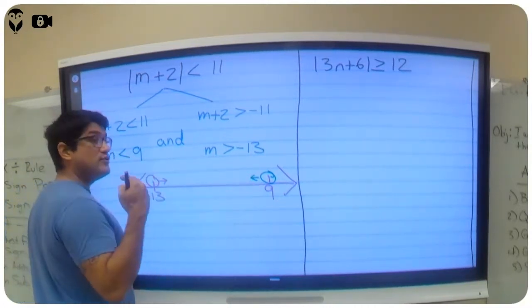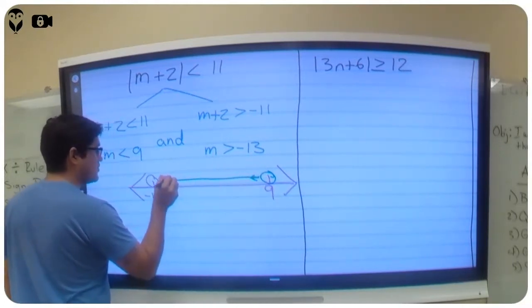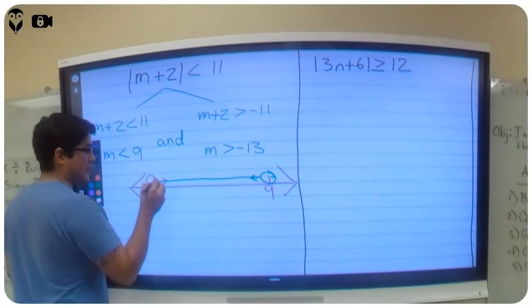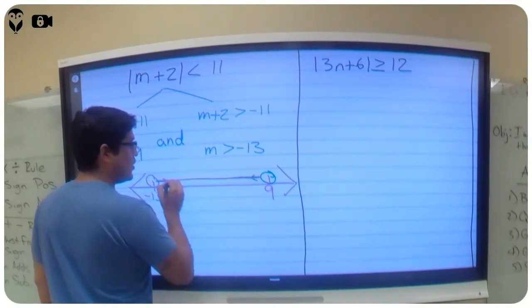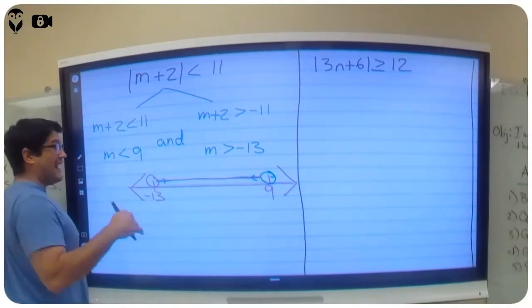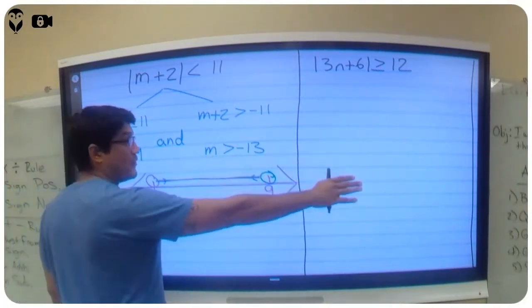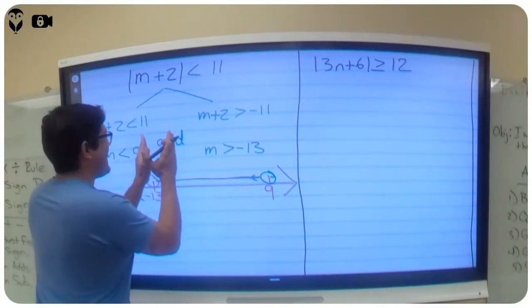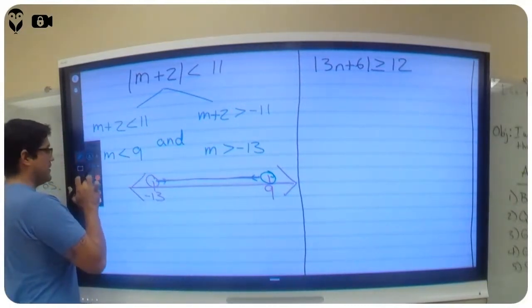Now, where do the green and the purple cross, if this keeps on going this way and the purple keeps on going that way? Seeing as this is the only spot where there is green and purple, because the green's supposed to keep on going and the purple's supposed to keep on going, but this is the only place where they're both happening, this is the only solution set.